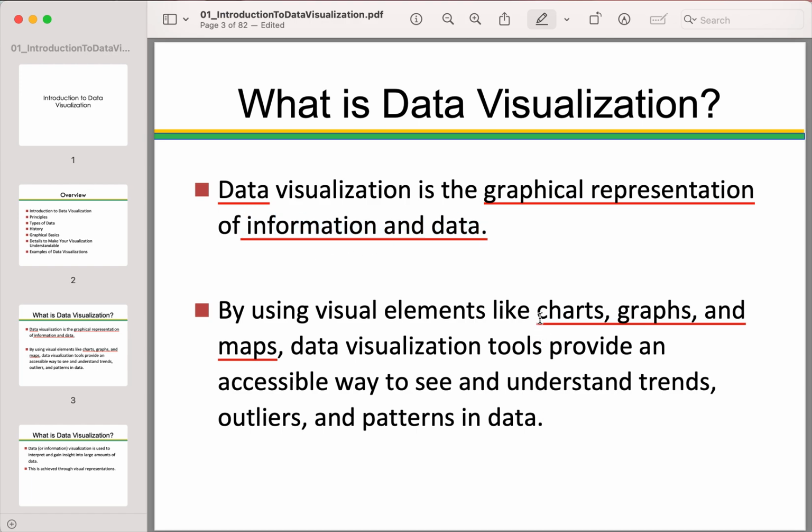So for that reason, we want to do some more intelligent analysis on the data to discover the knowledge or the wisdom from the data, and more importantly, to present it to the human or to the user in a more pleasing, intuitive, easy to understand way. So for that reason, we need data visualization.